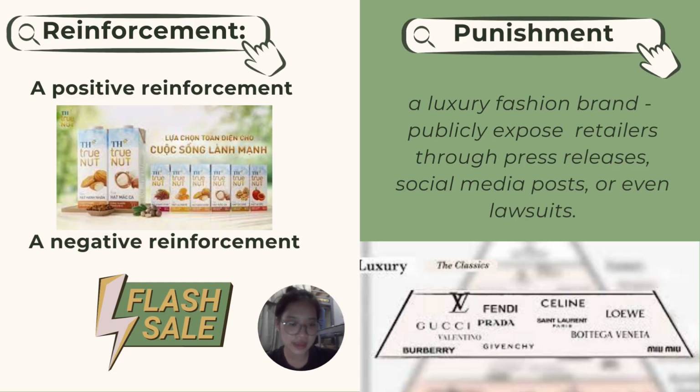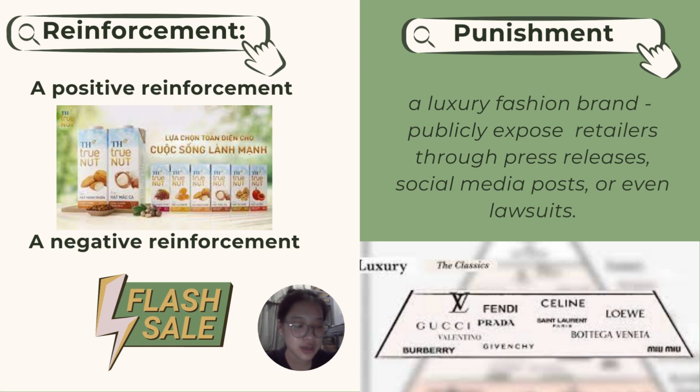About reinforcement, there are two aspects. A positive one, for example, the TH2 milk advertisement, highlights the parents' supportive and nurturing behavior, and negative reinforcement, where customers who make a purchase during a sale period are negatively reinforced by avoiding the potential regret of paying a higher price.